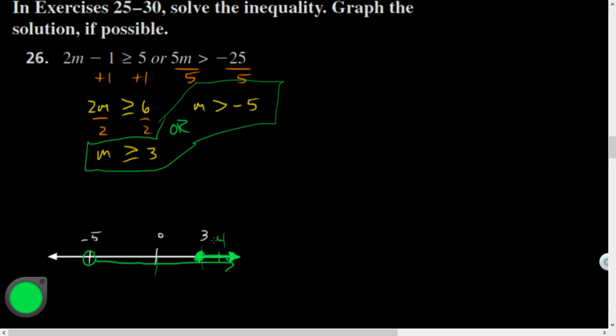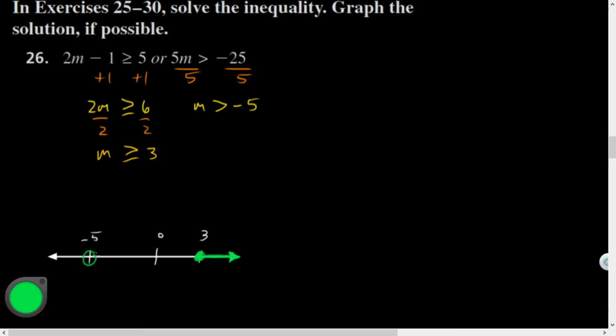How about 0? 0 is true for this one, but false for this one. But with OR logic, it would still be a solution for me. Right? And so with OR logic, so would any of the other points all the way up to the negative 5 from the right side.